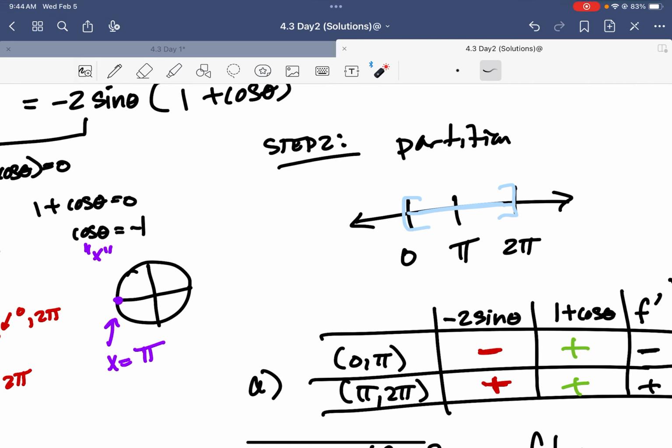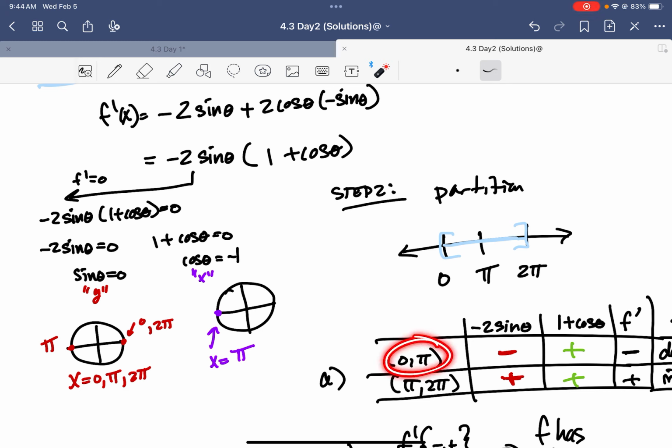And then inside here, you're just looking for the signs of these things. So let's just go through it. Between 0 and pi, that means I'm up here. Do you agree that y is always positive up here? So that means that -2 times a y value is going to be negative up here because sine is y. Here, if we're up here, we're going to have 1 plus a cosine value.